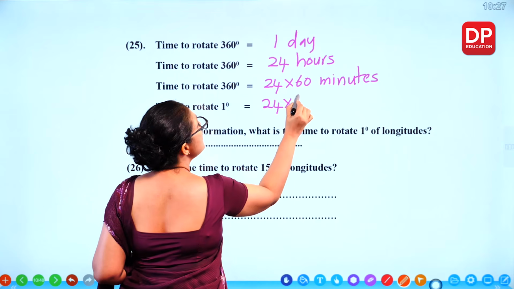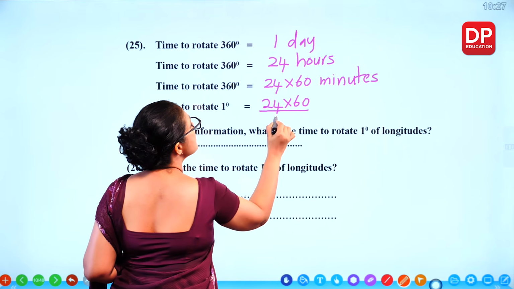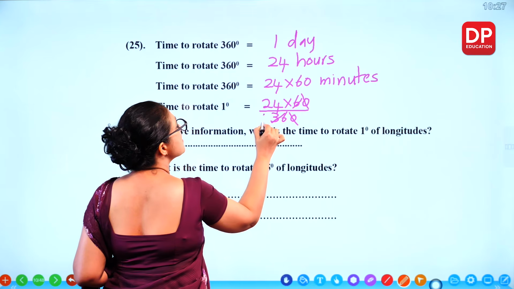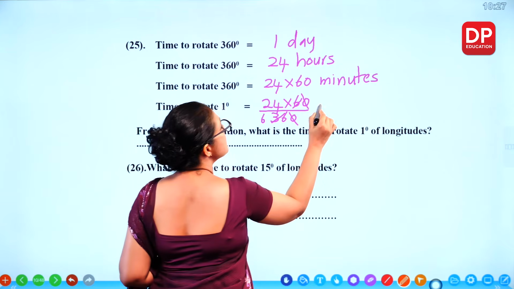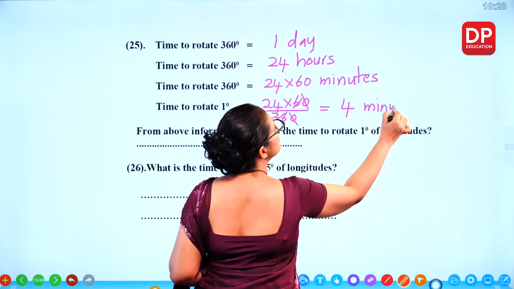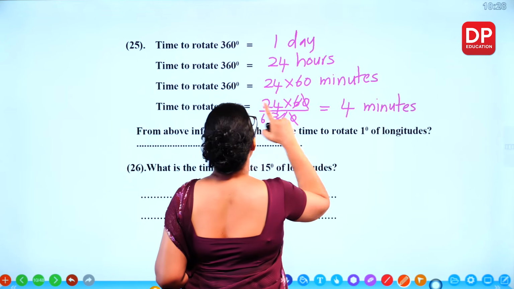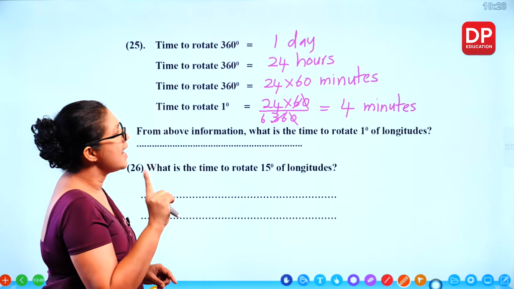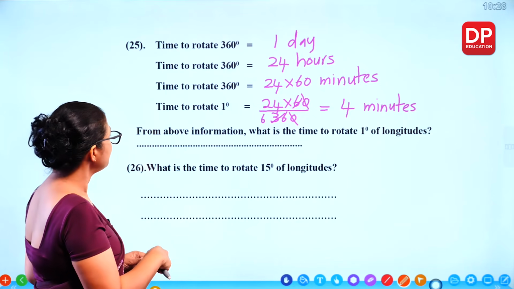You have to divide this by 360. 24 times 60 divided by 360, you get 4 minutes. So for 1 degree to rotate, it takes 4 minutes.